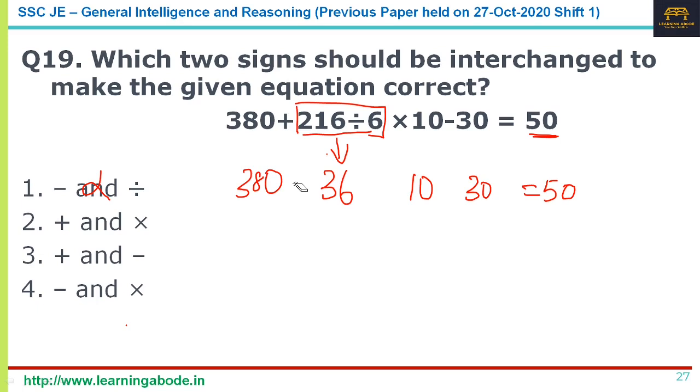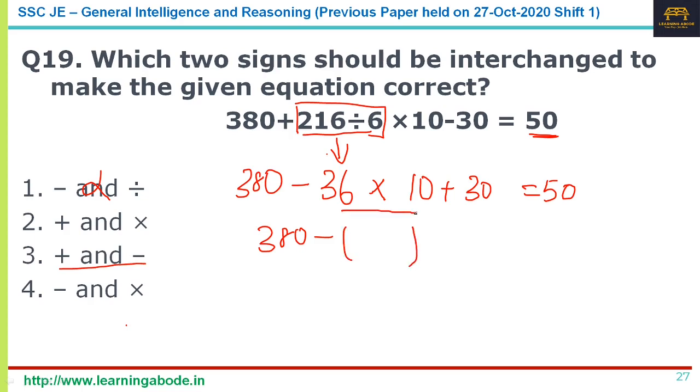Now let's consider the next option, plus and minus. Let's interchange them, so we'll put a minus here, the multiplication will remain as it is, and this will be plus. Let's see the results. According to BODMAS, that is bracket, division, multiplication, addition and subtraction, you multiply this part first.